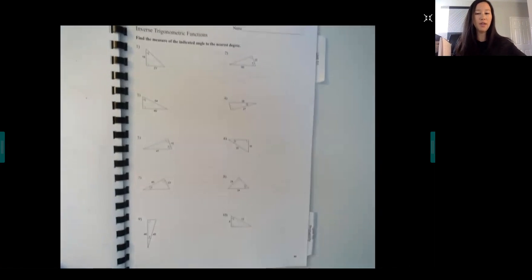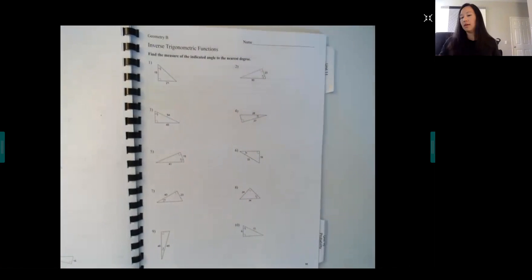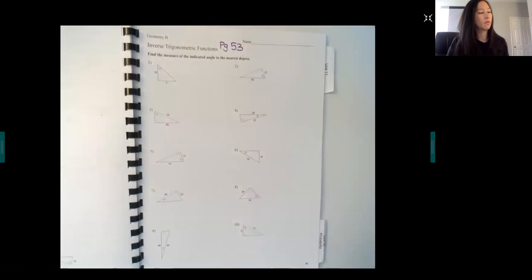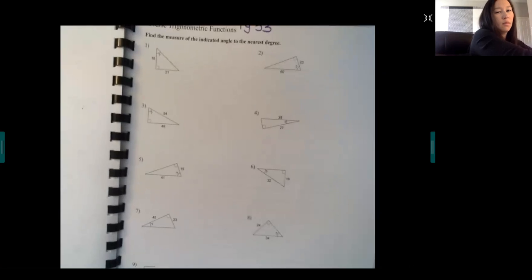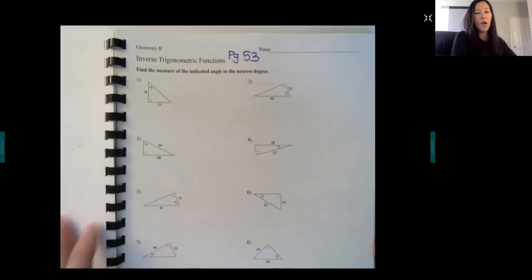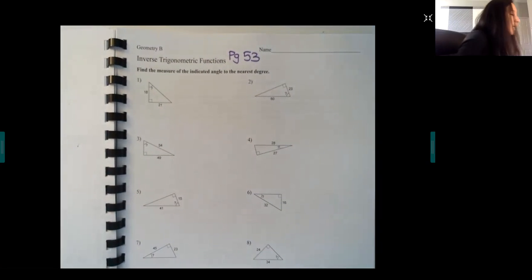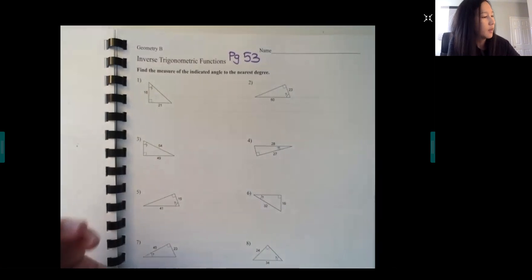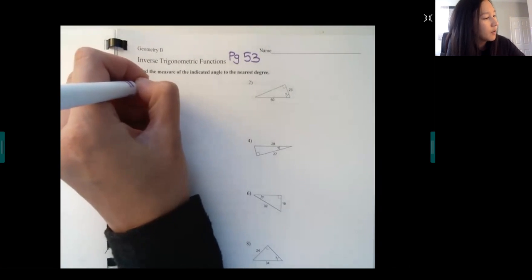Okay, so then let's go to page 53. All of these, we're going to be doing exactly what we just did. So we're going to use the inverse functions to find the missing angle. So here's our missing angle.